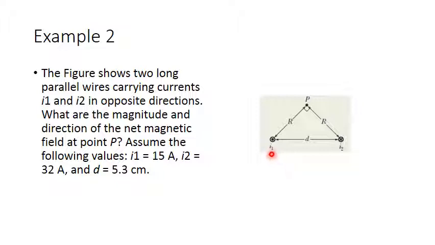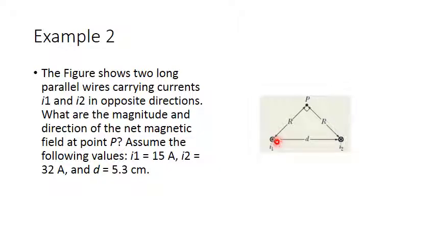In the case of an infinite long wire, the magnetic field would be mu naught I over 2 pi R. The direction of the magnetic field looks like a circle, and it depends on the right hand rule, such that if I put my right thumb in the direction of the current, the other four fingers will be directed toward the direction of the magnetic field.